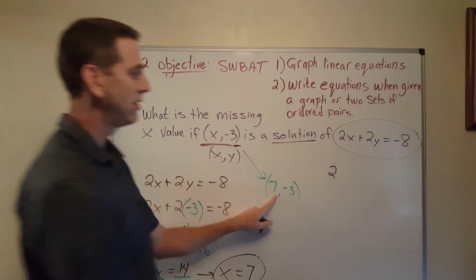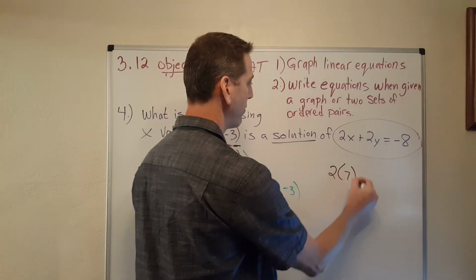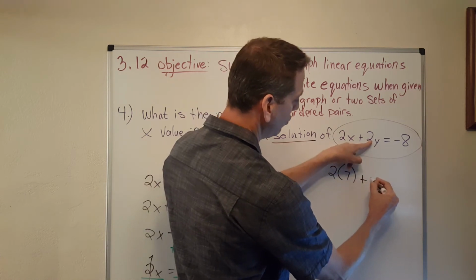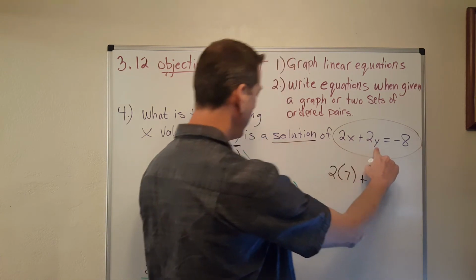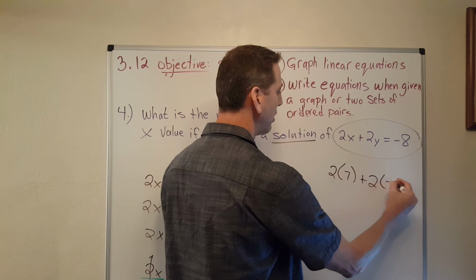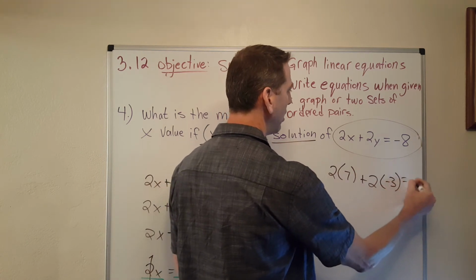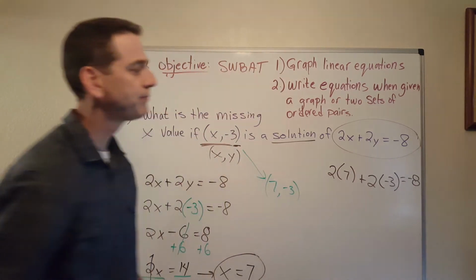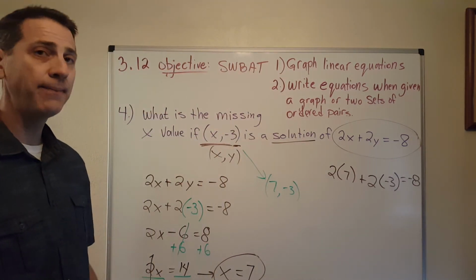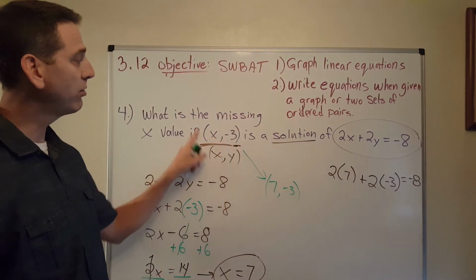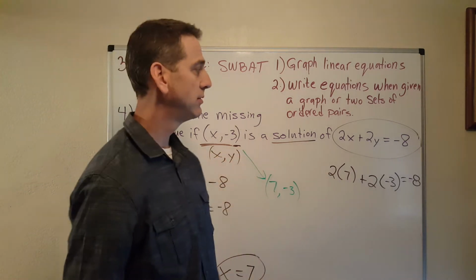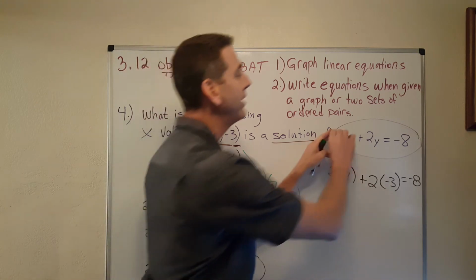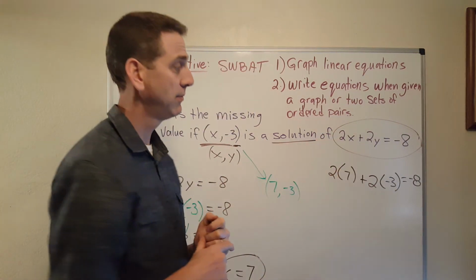X is 7. Plus 2 times y, and y is negative 3. And that equals negative 8. Because this ordered pair is a solution. That means these are the values of the variables that make this equation true.